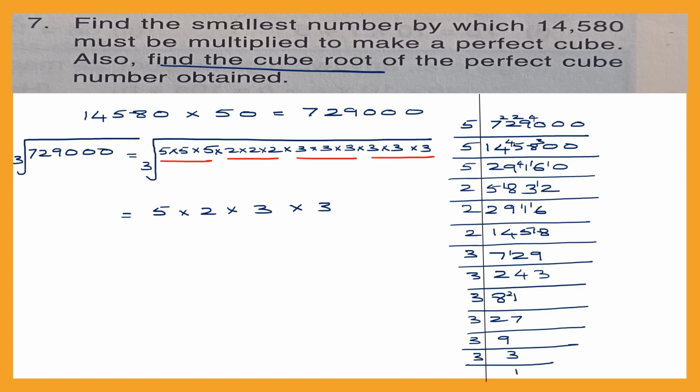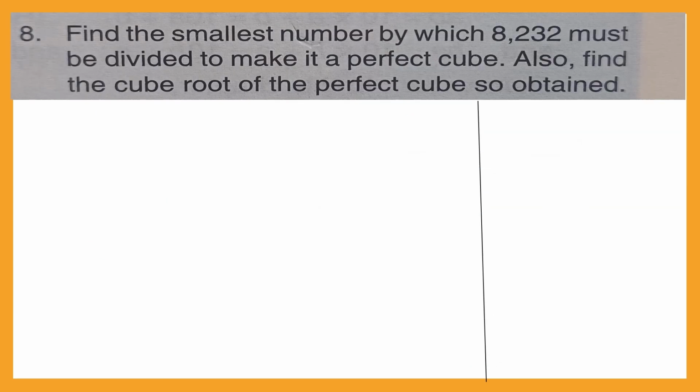Let's multiply. 5 twos are 10, 10 threes are 30, 30 threes are 90. So can you see that? The cube root of this number, that is 7,29,000, is 90. So we've got our second answer also. The first answer was 50. Second answer is 90.